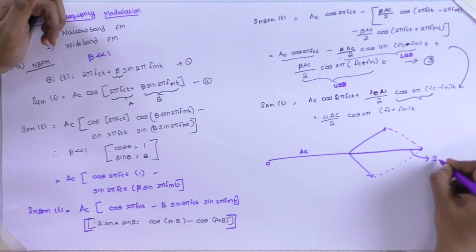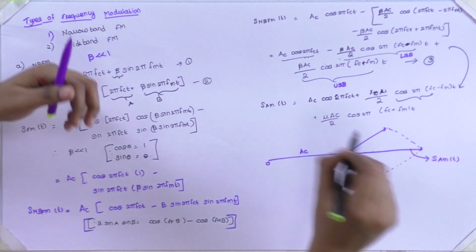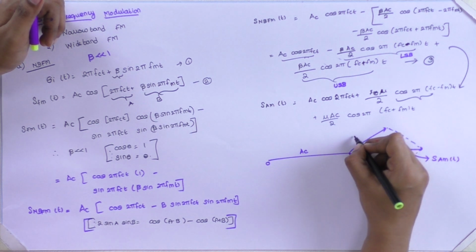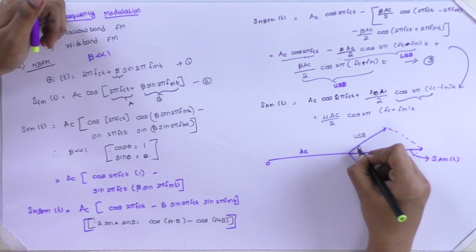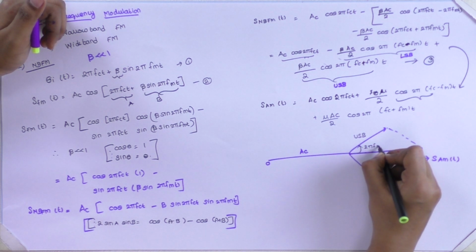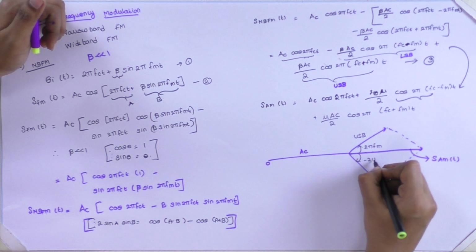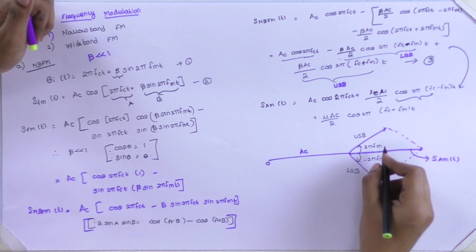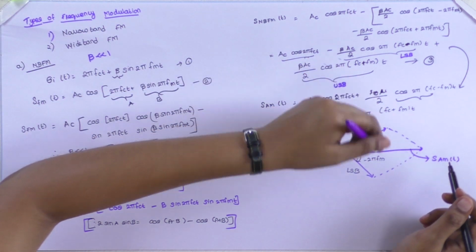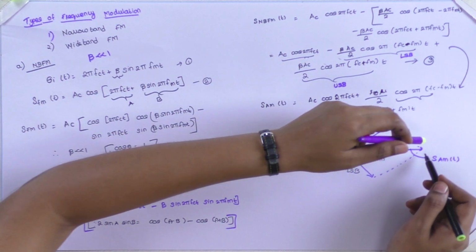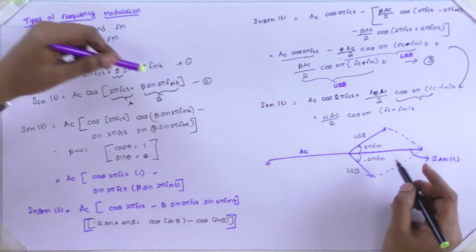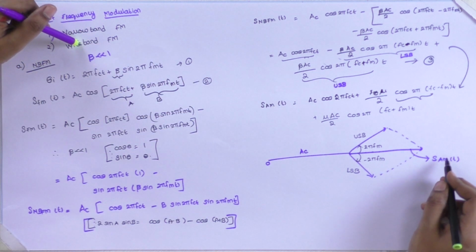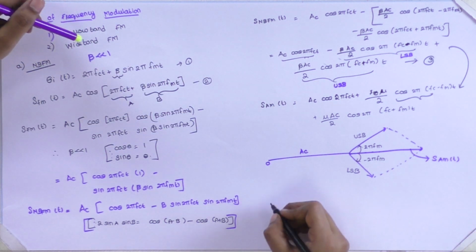This is s AM of t, the resultant phasor spectrum by addition of the phases. This is our USB, 2 pi Fm of t, this is minus 2 pi Fm, LSB, rotating phases. Vector addition of LSB and USB gives that part. When combining this vector addition with the carrier, the resultant is the amplitude modulated wave.